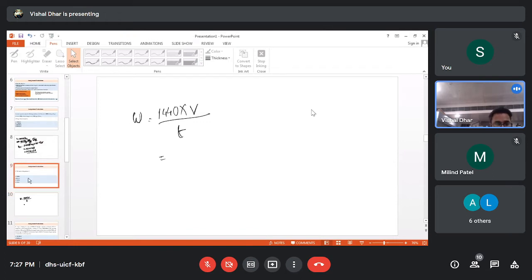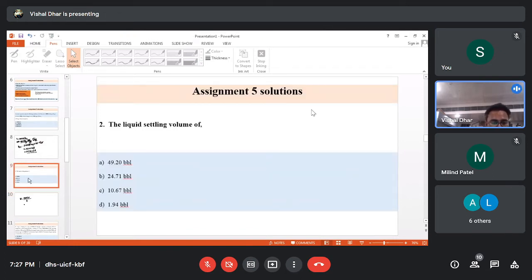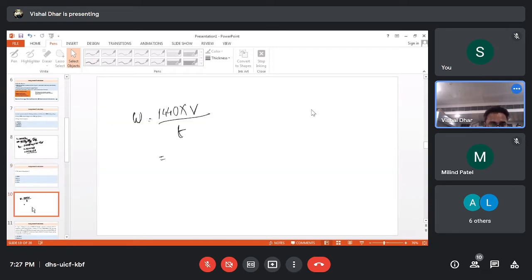I don't know who made the question last year. The question should have been the liquid settling volume per hour. So in 1 hour, how much liquid is settled? W is the oil flow rate, which is 2800. 1440 is the conversion unit.